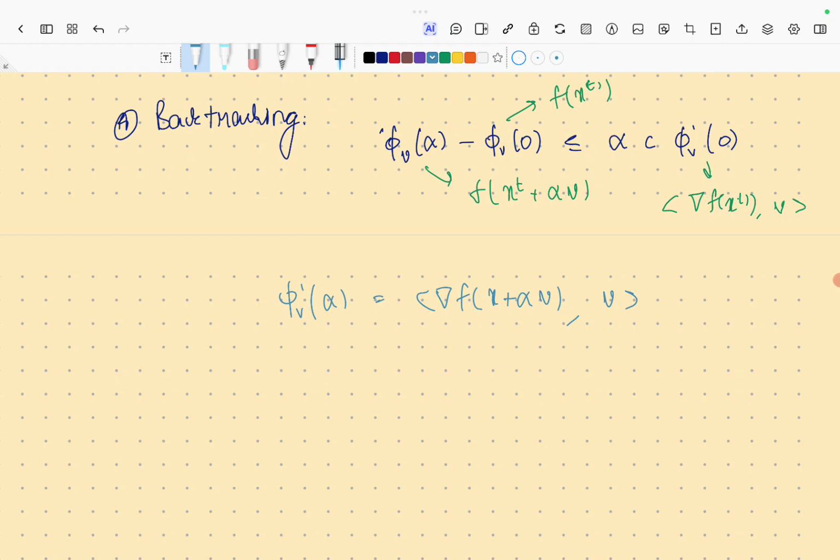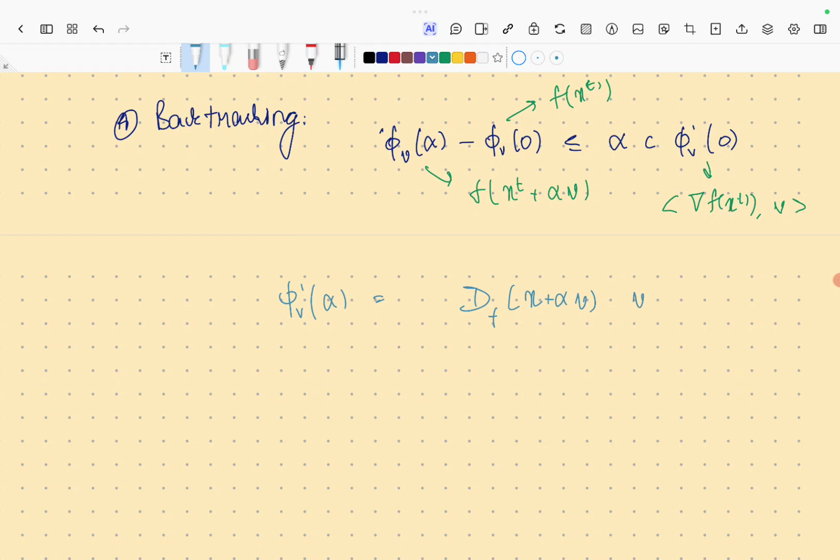So in fact, to be more precise, this is equal to the derivative of f at x plus alpha times v times v, which is the derivative of x plus alpha v with respect to alpha.